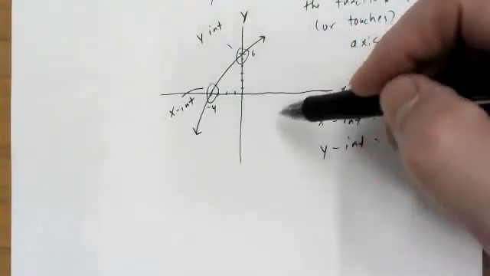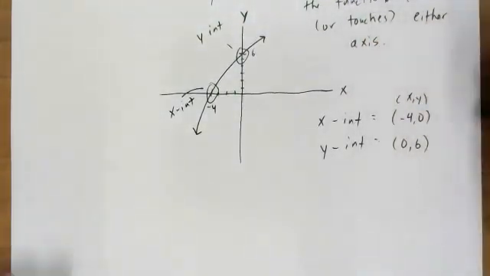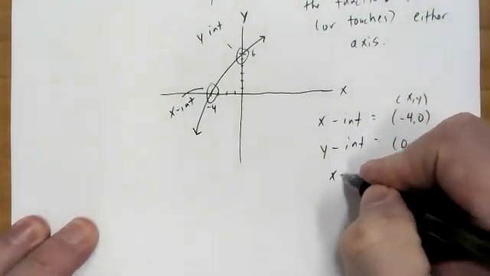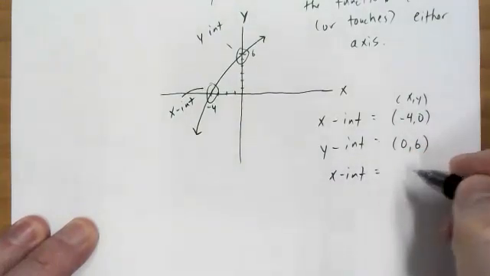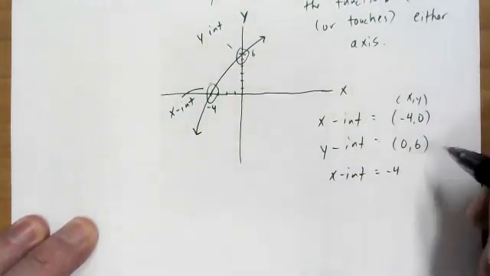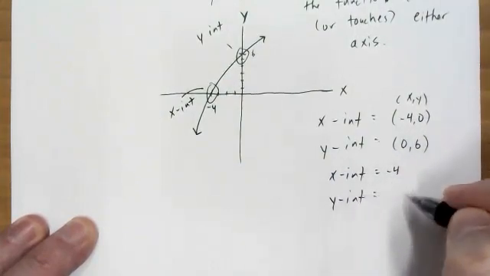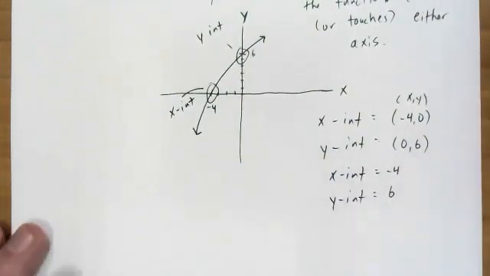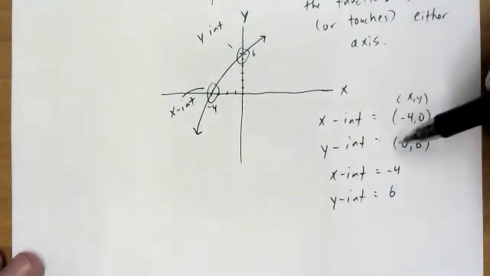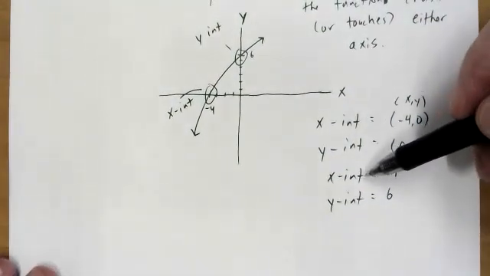But here's what happens sometimes. Someone will be given this graph and asked to find the intercepts, and they'll say the x-intercept equals -4 and the y-intercept equals 6. And then someone says, wait a second.